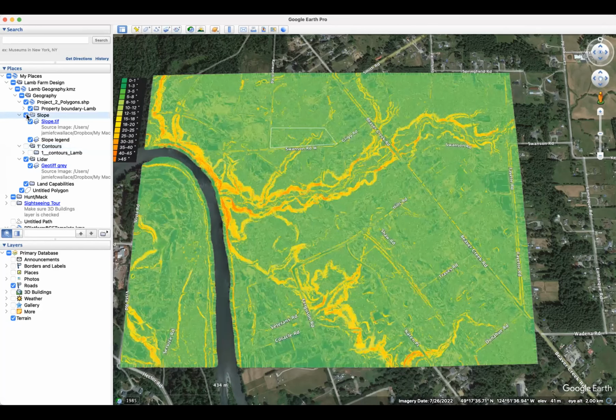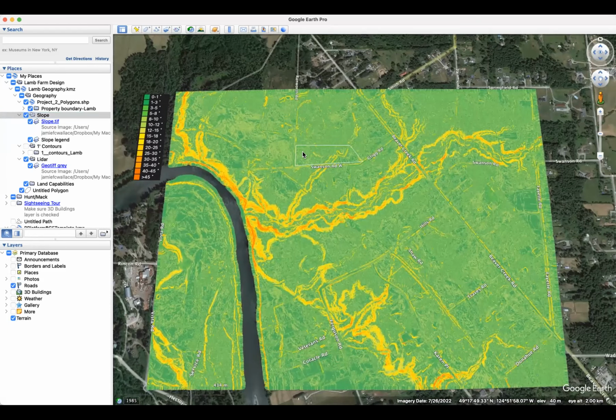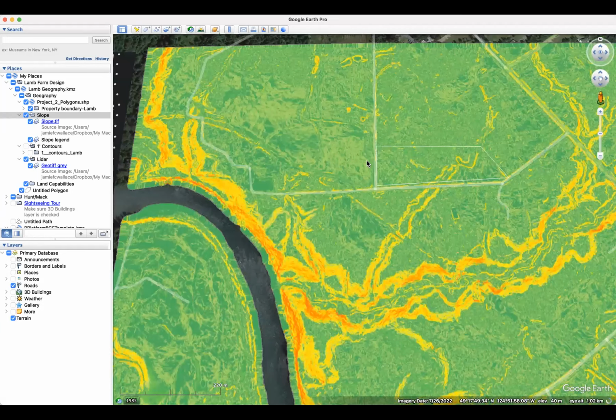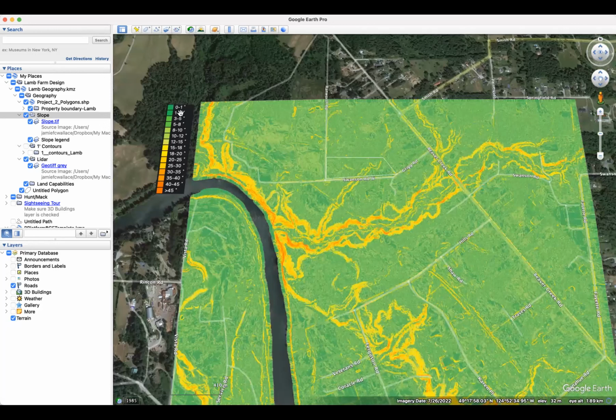We can also create a slope analysis with QGIS, and that really helps in terms of knowing the slopes on the property, and what that allows us in terms of usage.